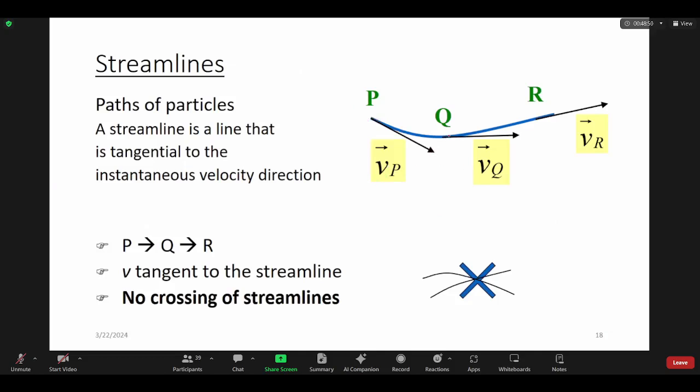At point Q, we can draw a tangent and get the velocity, and point R is the same. There are no crossings of streamlines.